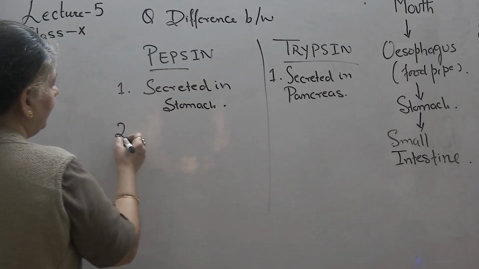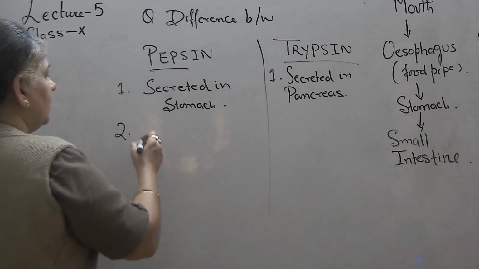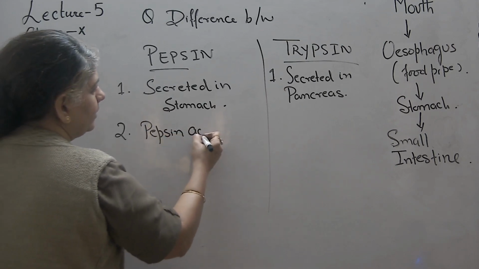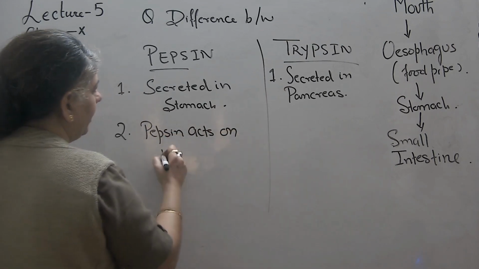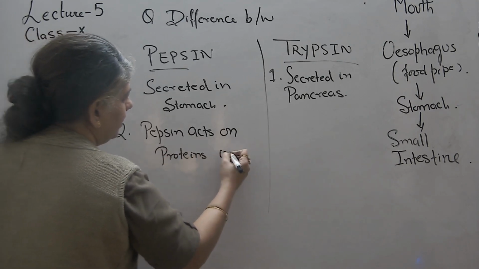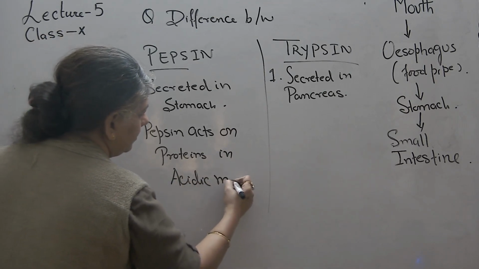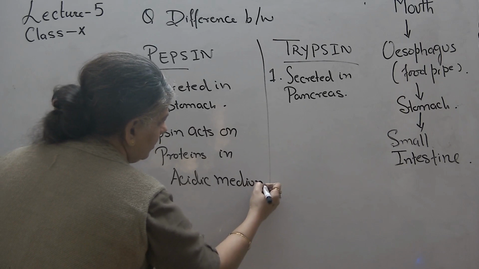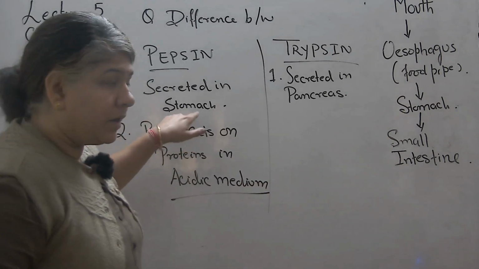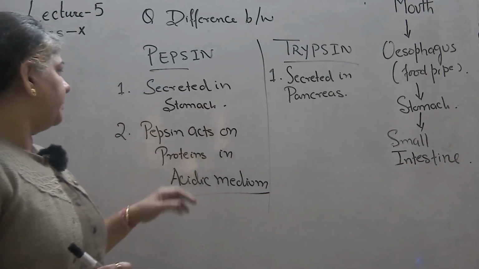Second, pepsin acts on proteins in acidic medium. We know that the medium in the stomach is acidic because of the production of hydrochloric acid.